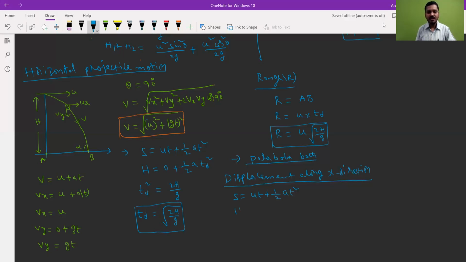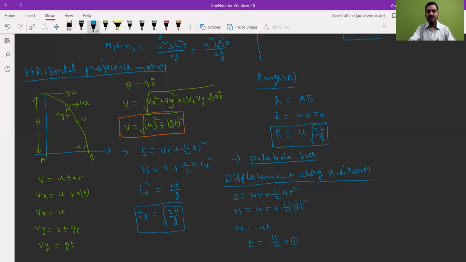Here S is equal to h, velocity u is only along the x direction, time taken t. But acceleration a is equal to 0, so half into 0 into t square is 0. Then h is equal to u into t. Therefore, time t is equal to h divided by u. This is equation 1.